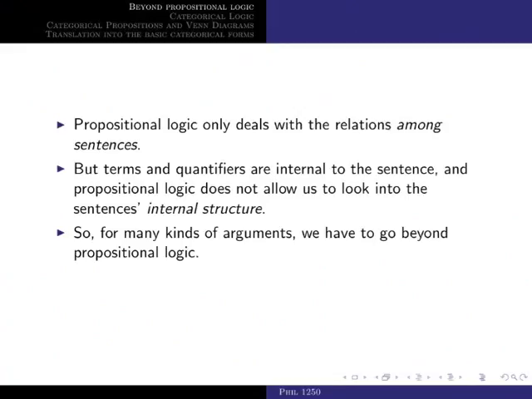So for many kinds of arguments, such as those whose validity depends on the quantifiers that occur in them, we have to go beyond propositional logic. In the next few lectures, we're going to be exploring a logic that can deal with some quantifiers, and is called categorical logic.